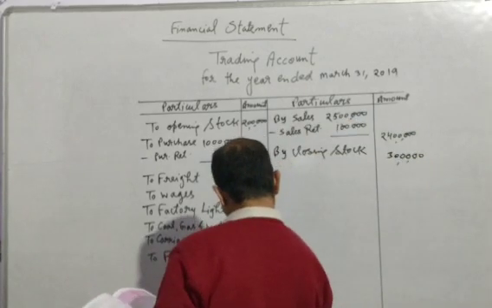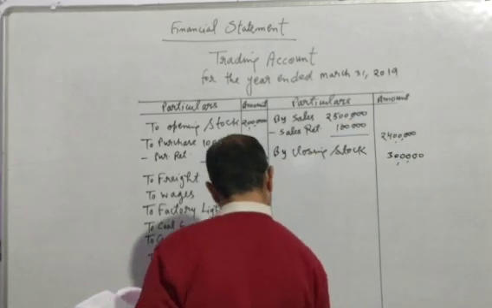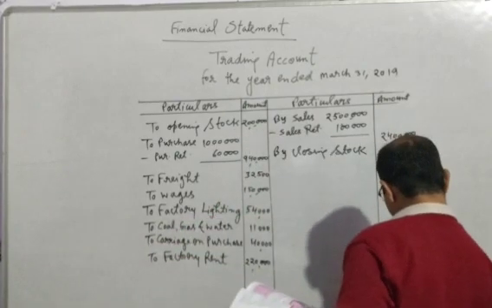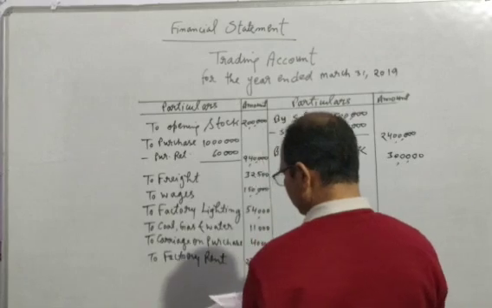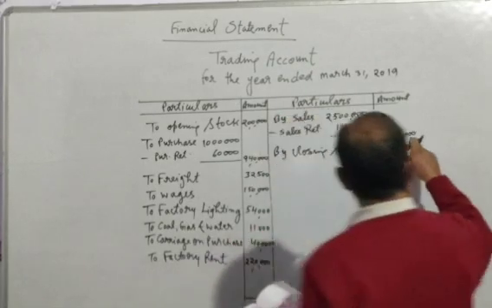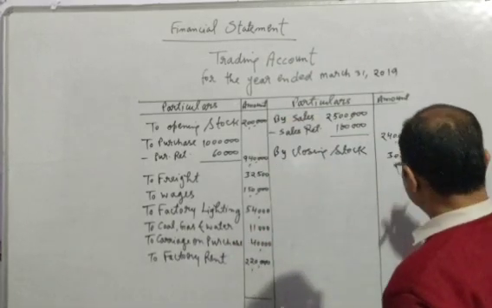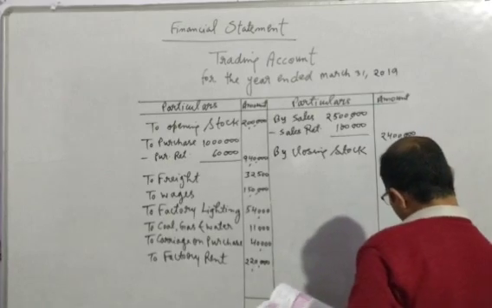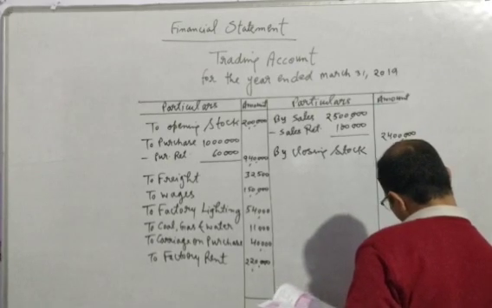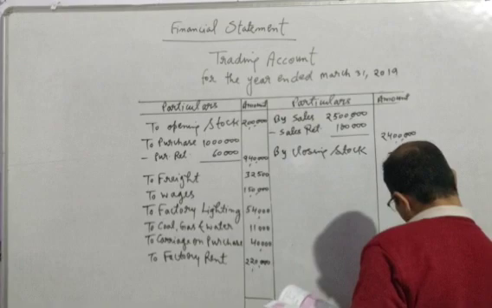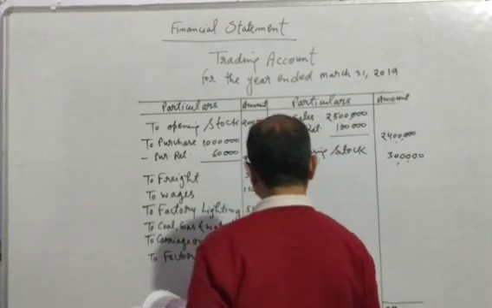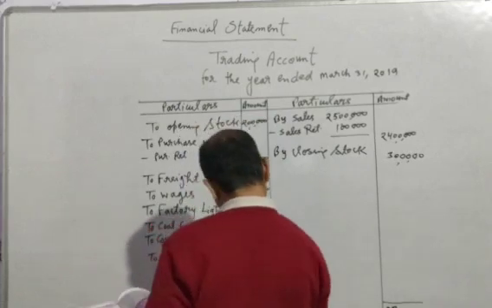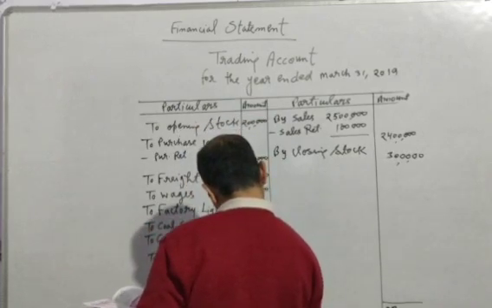After doing this, we will take the balance. Now we will see where the balance would come. Now 24 lakh and 3 lakh will be added and the total will come to 27 lakh. This total is bigger, so we will write 27 lakh on both sides.